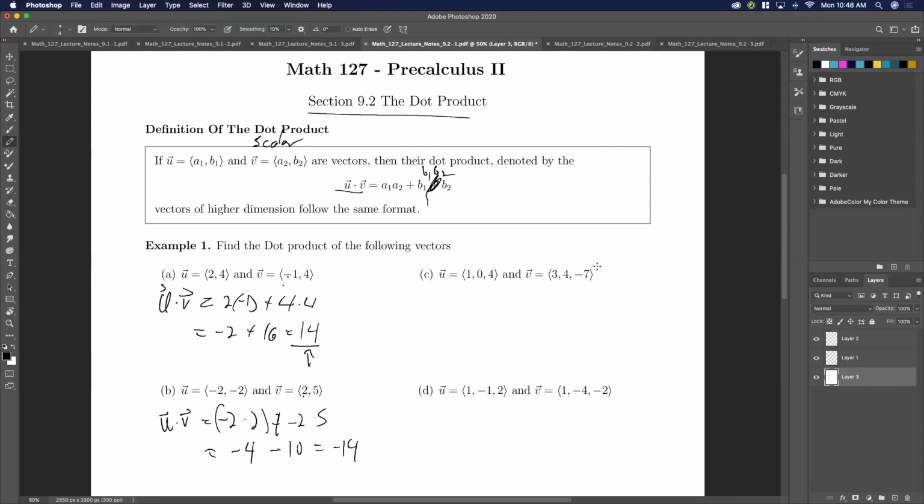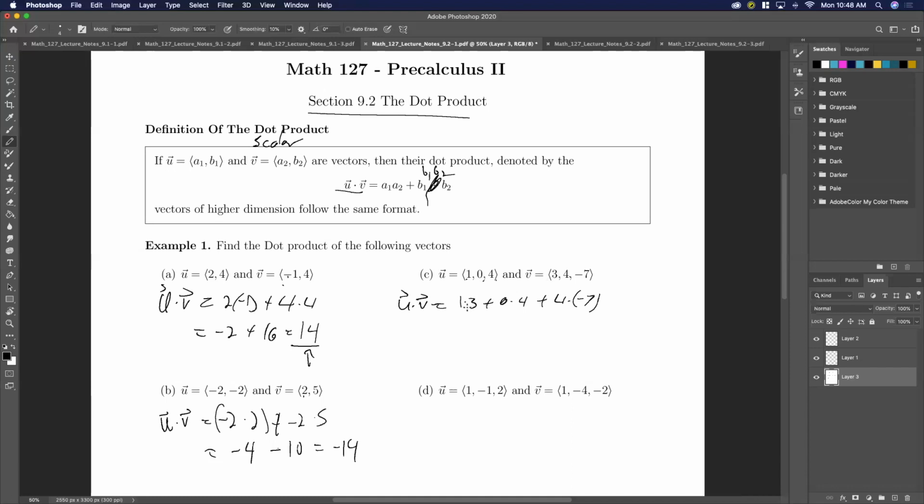Here, if we have higher dimensions, so u dot b in this case, it's going to be 1 times 3, plus 0 times 4, plus 4 times -7. So you just keep adding up the multiples of the dimension.